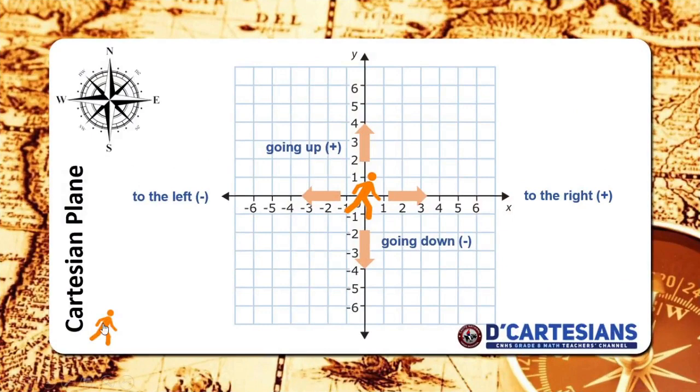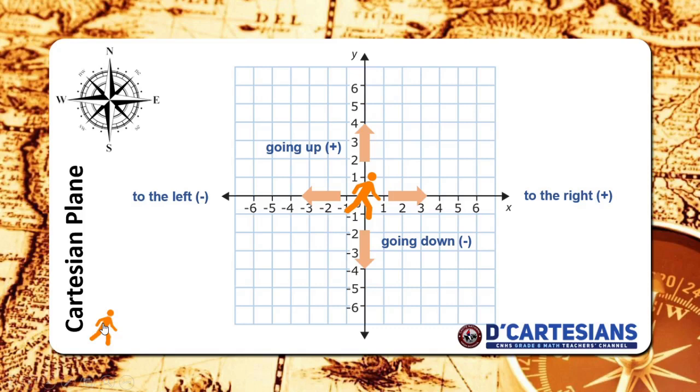Nagbigay kasi tayo ng example na halimbawa, merong tao, di ba? Every time this person moves to the right, that is positive. And if this person moves to the left, that is negative. So, as you can see, the movement is along where? The x-axis. So, again, left and right, x-axis. Kasi siya yung pahiga. Pero, if we're going to move along the y-axis, if we go up, that's positive. If we go down, that is negative.